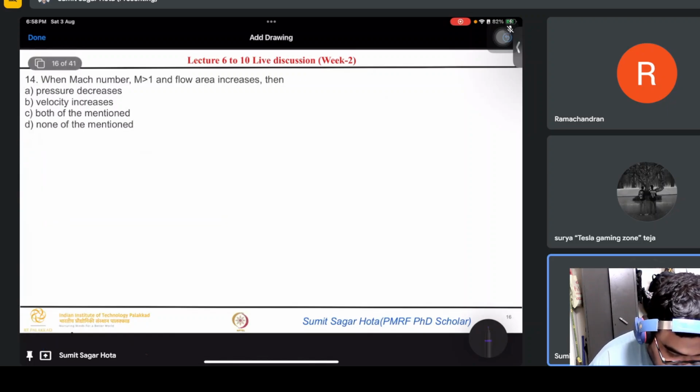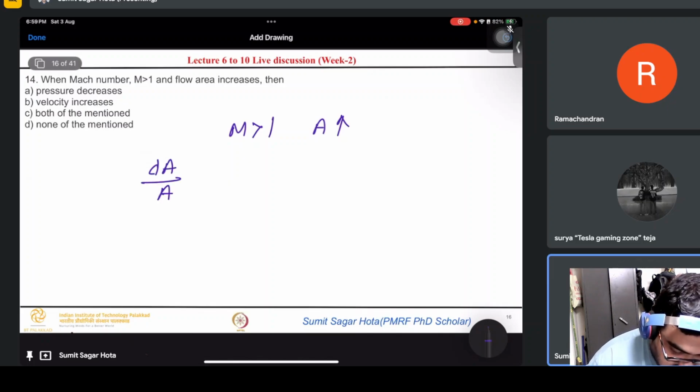Same question, but here the area will increase. So m is greater than 1. Let me quickly write down these things because everything is going to be the same. dA by A is equal to dV by V into m square minus 1.